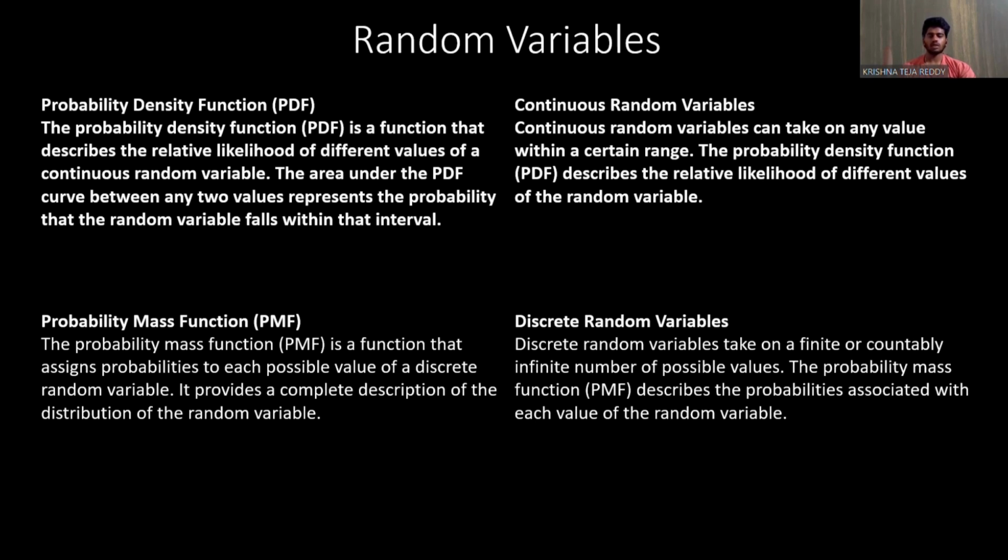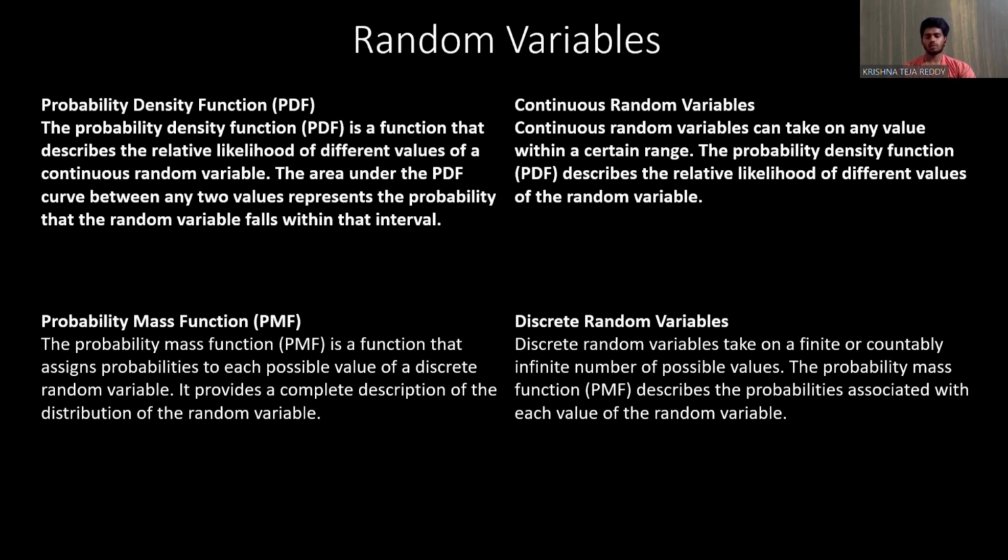The area under the PDF curve between two values represents the probability that the random variable falls within that interval. Continuous random variable. A continuous random variable can take on any value within a certain range. The probability density function describes the relative likelihood of the different values of a random variable.